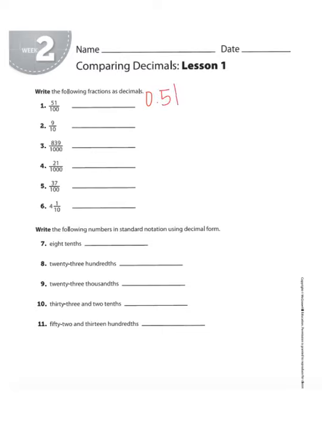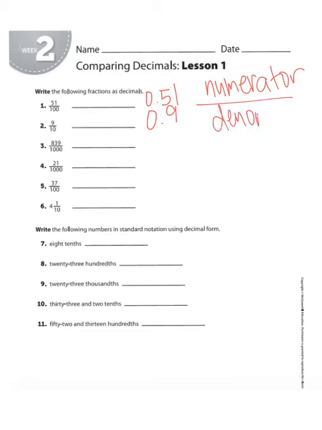On number 2 in your calculator, you're going to take your numerator 9 and divide it by 10. And you will get 0.9. So again, you're going to take your numerator and divide it by your denominator. That's how you turn a fraction to a decimal. So that's what you're going to do on 1 through 6.